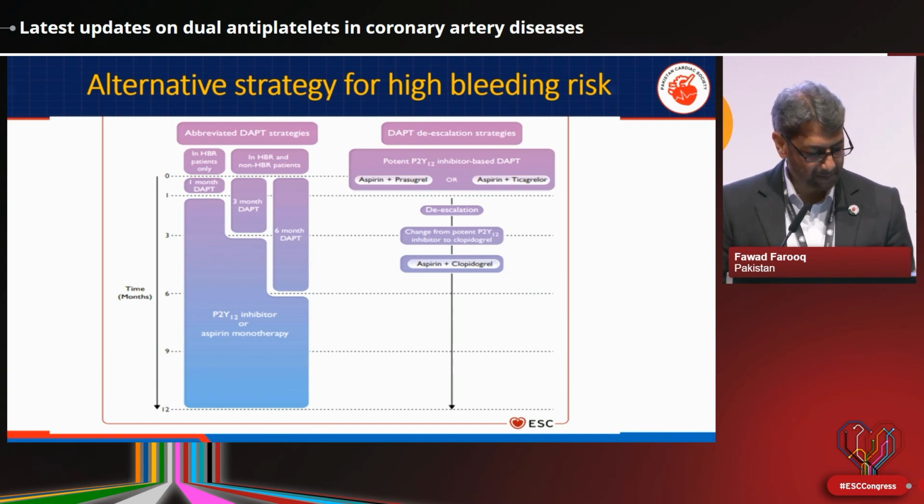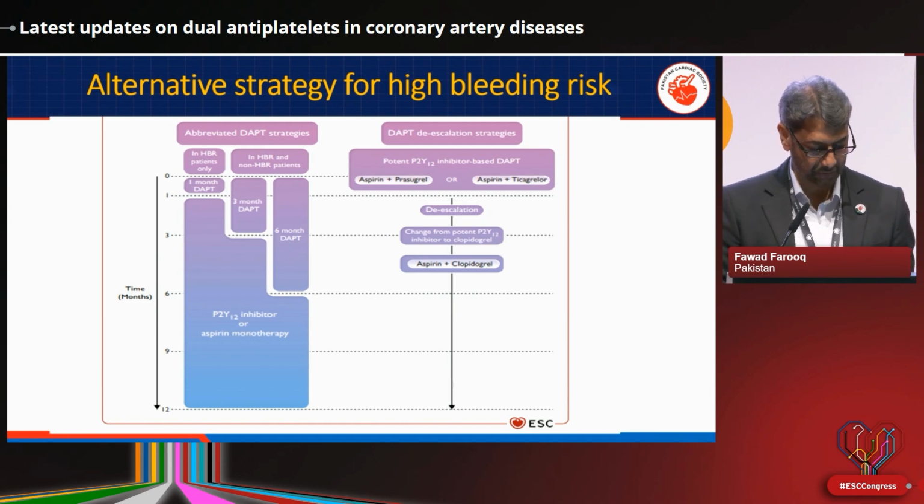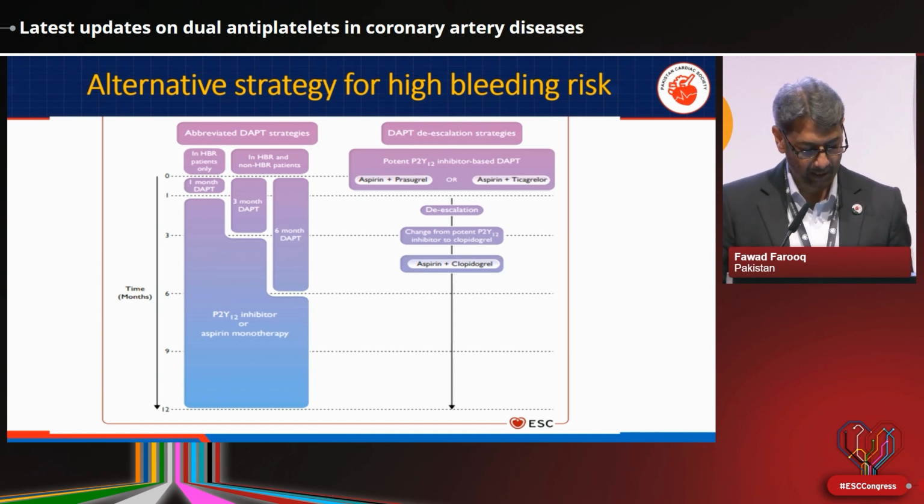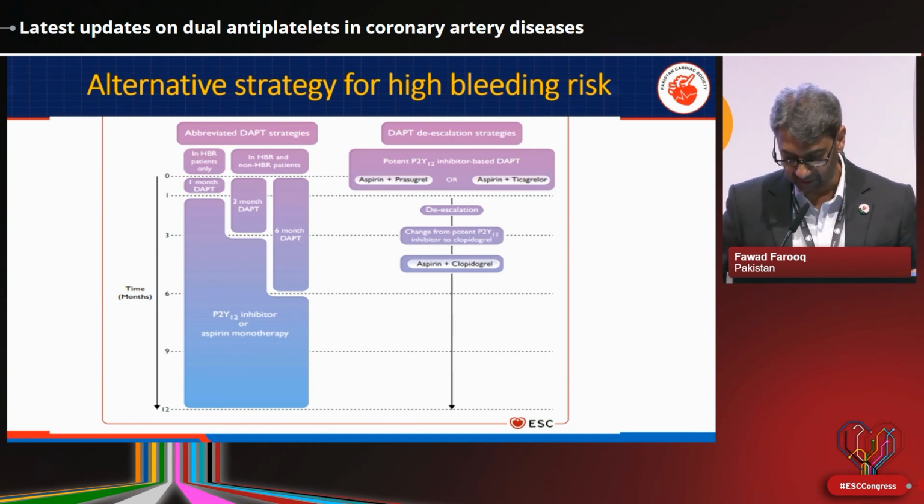After 1 month, you can de-escalate to a less potent agent like clopidogrel and continue aspirin and clopidogrel for a further duration of 6 or 12 months according to the patient's thrombotic status, like a background of ACS or stable IHD. So you can de-escalate in a high bleeding risk patient.